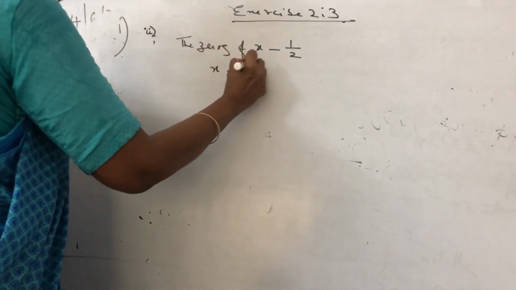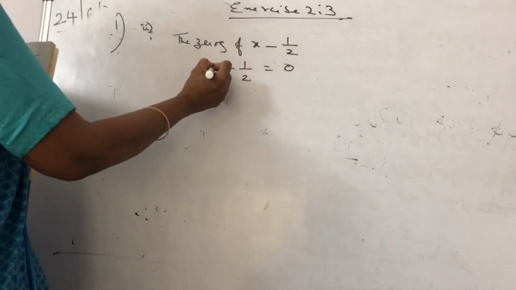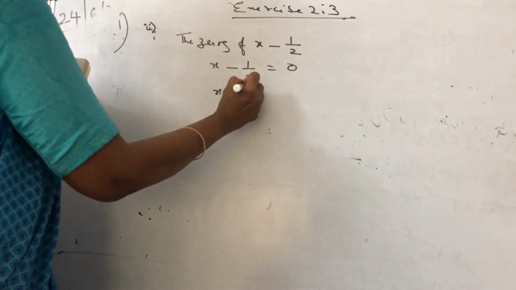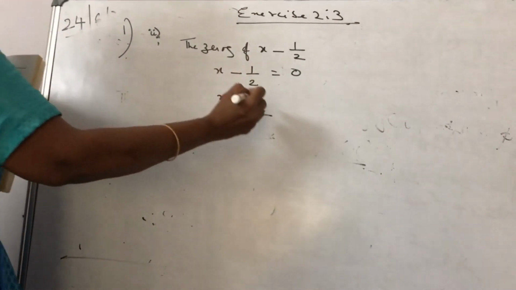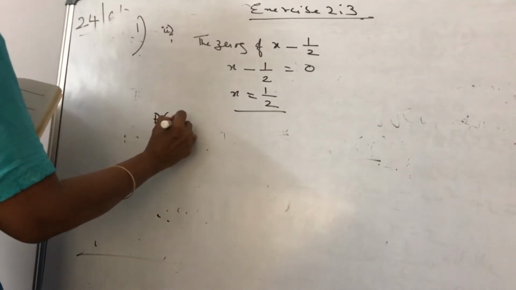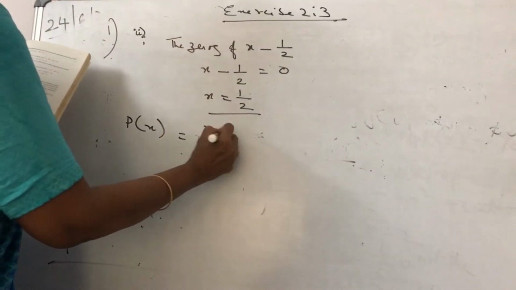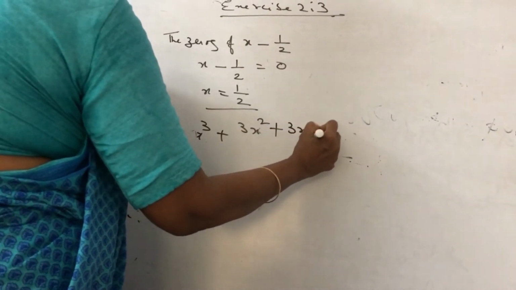All of you remember? Zeros of the divisor means what, children? Your given polynomial equal to 0. What will happen to minus 1 by 2 when it goes to other side? It becomes plus. And your given polynomial, children, x cube plus 3x squared plus 3x plus 1.